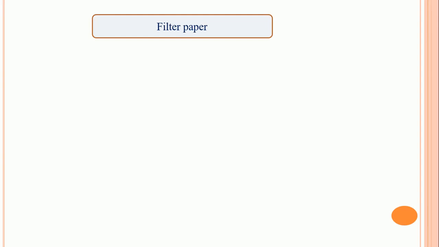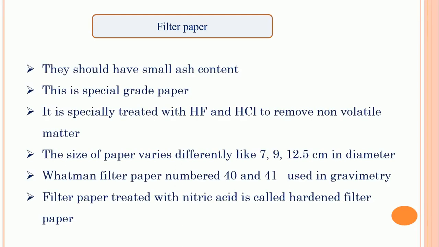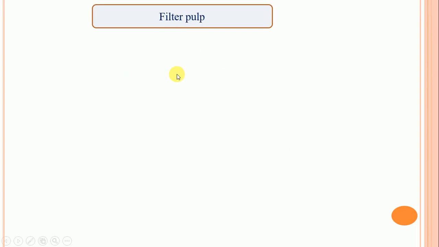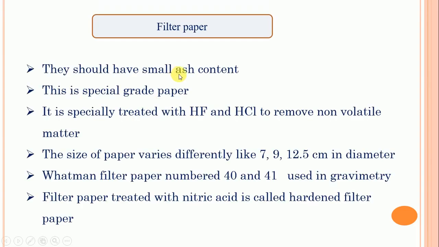Now see some things about the filter paper. The filter paper must have a small ash content. That means once the filter paper is burned or ignited with the main precipitate, it must leave only a small ash content. This is a special grade paper.